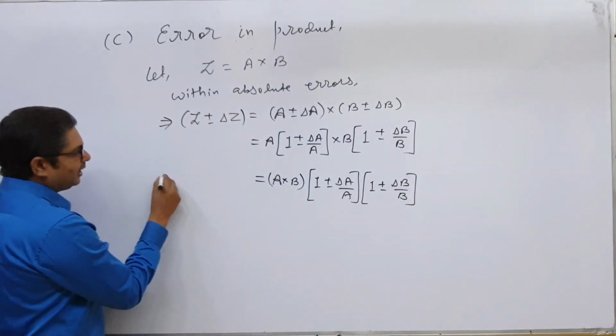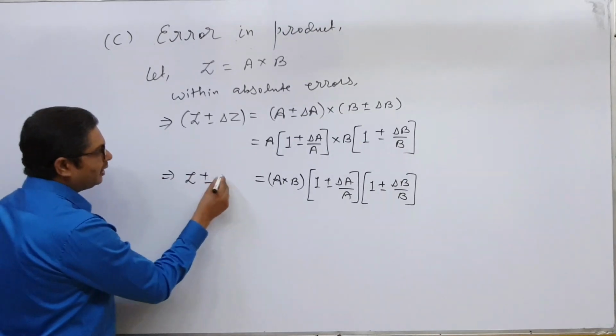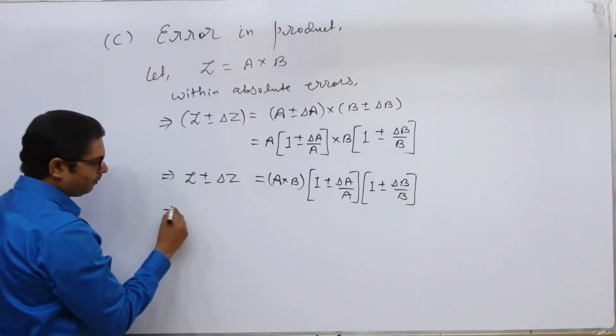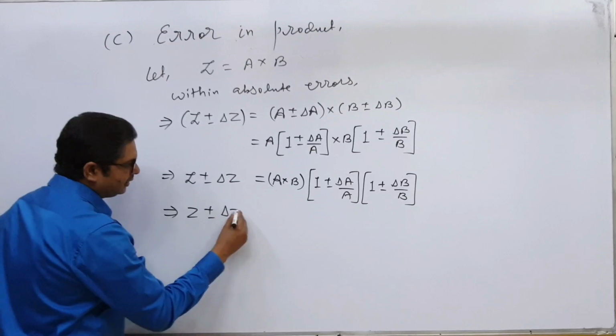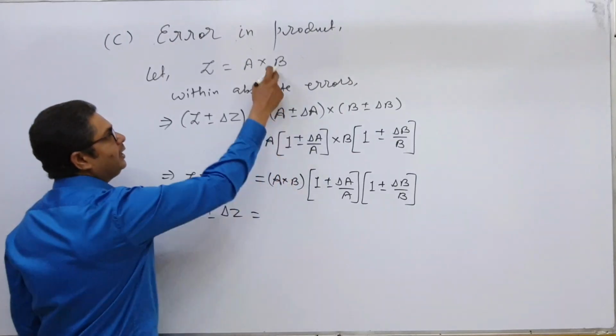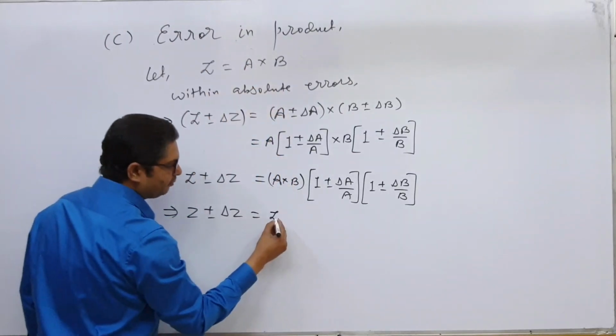Now on the LHS side you have Z plus minus delta Z, and A into B is Z. So you write here Z.